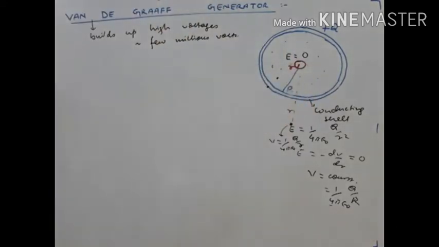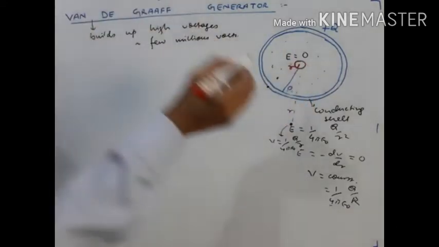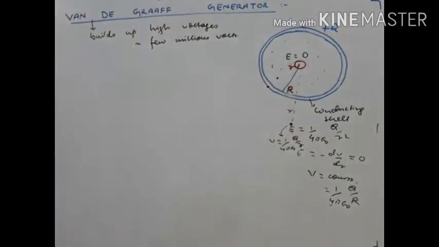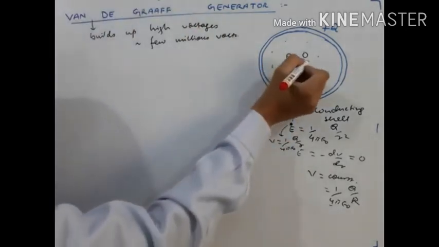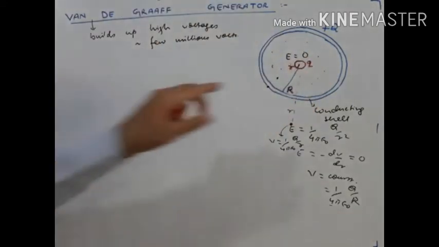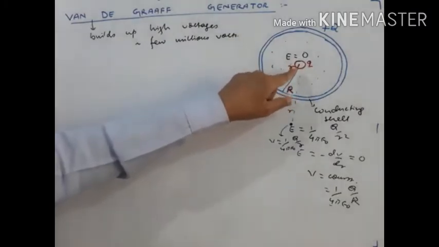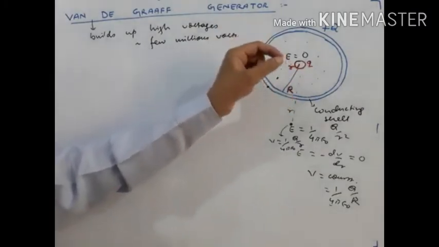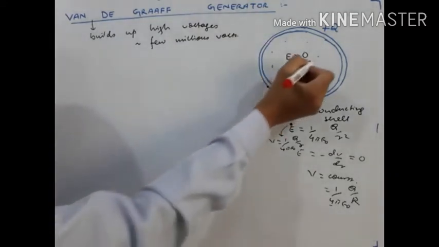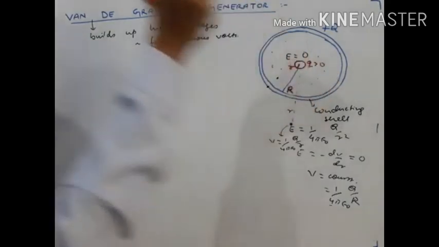This radius is capital R. And on this, there is some charge, suppose small q. Now this inside body need not be a cell. It may be a cell, it may be a solid conducting sphere, does not matter. Charge on it is small q, and for the time being we assume this small q to be positive.